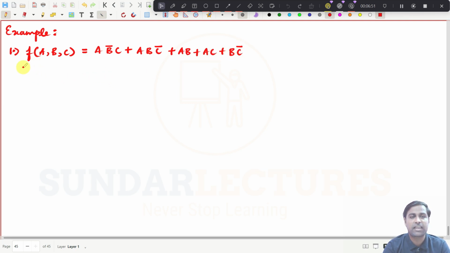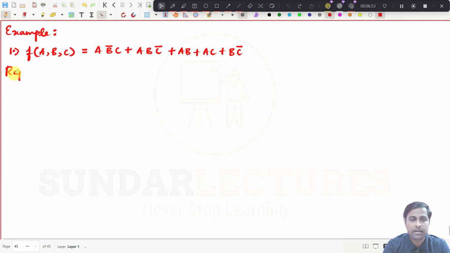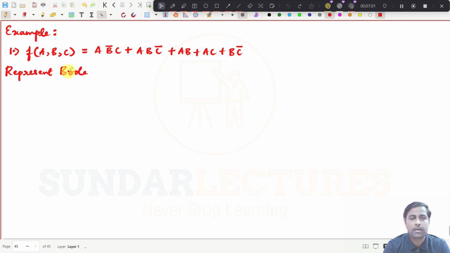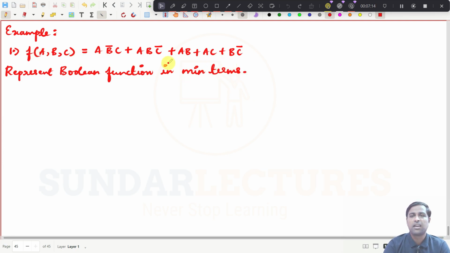We have a function like this. Represent this boolean function in minterms. So this is the given question.